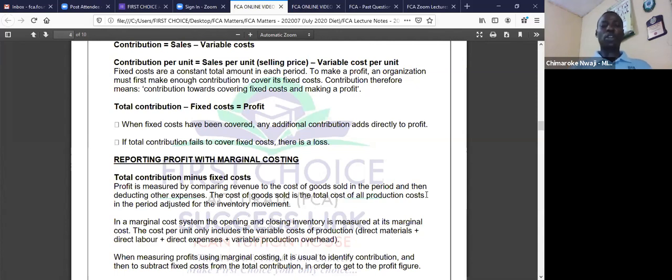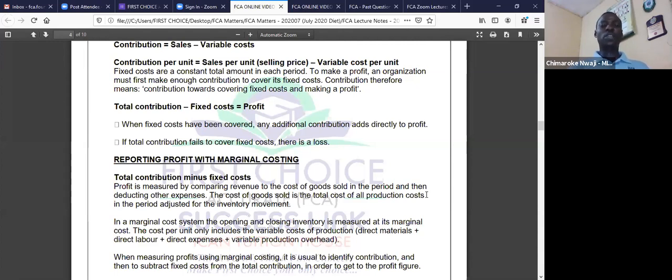For absorption costing, instead of contribution, you get gross profits. So how do you get your contribution? Sales minus your variable cost. How do you get gross profit? Your sales minus your cost of sales. Then, how they get the remaining profit is different. For marginal costing, it is contribution minus the fixed cost.